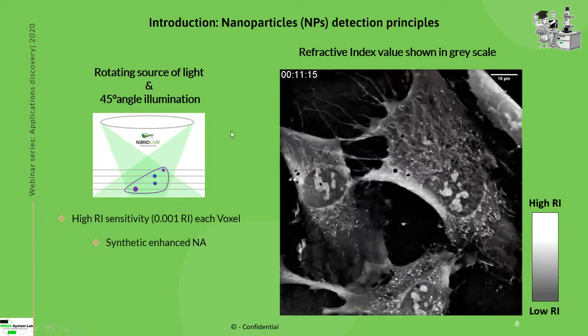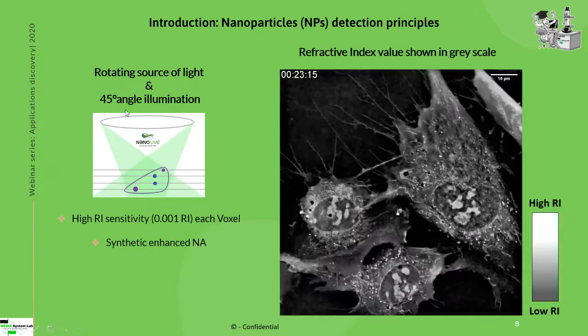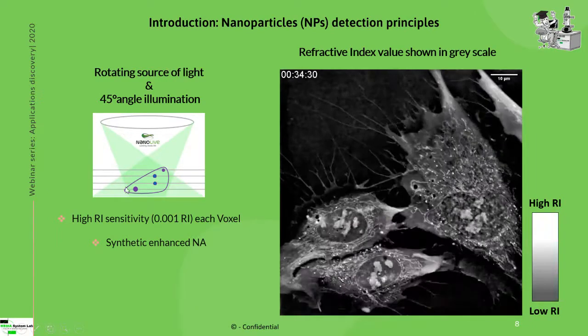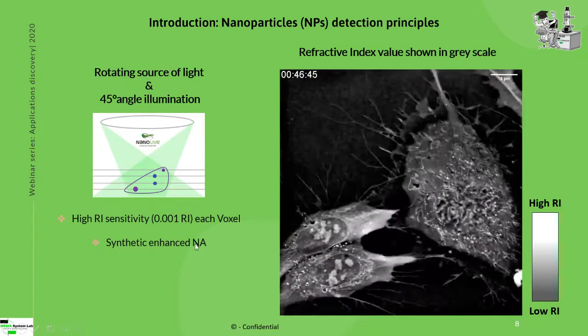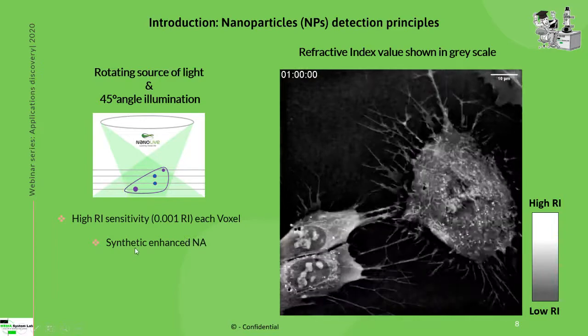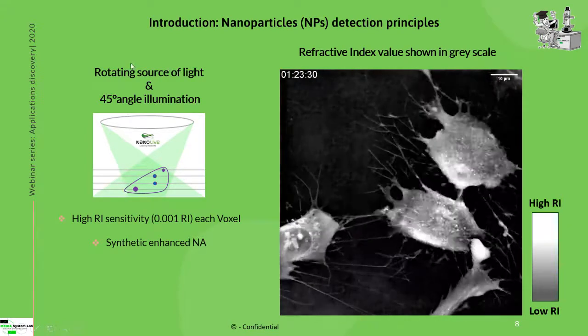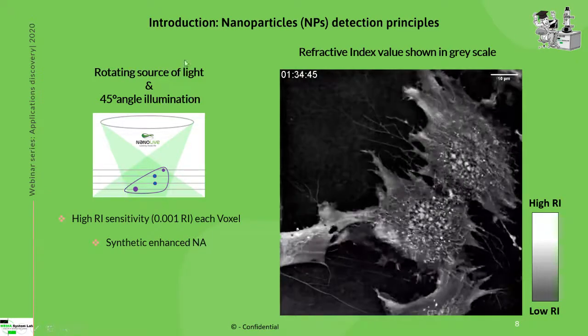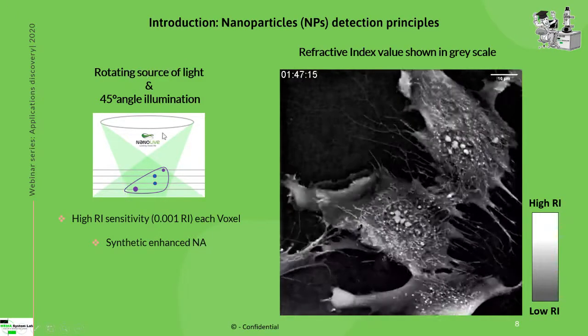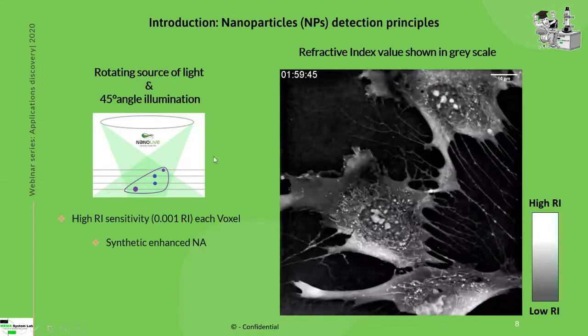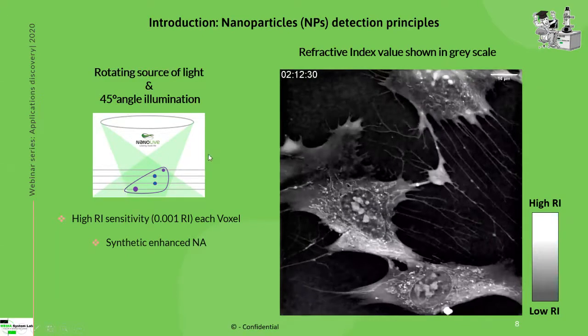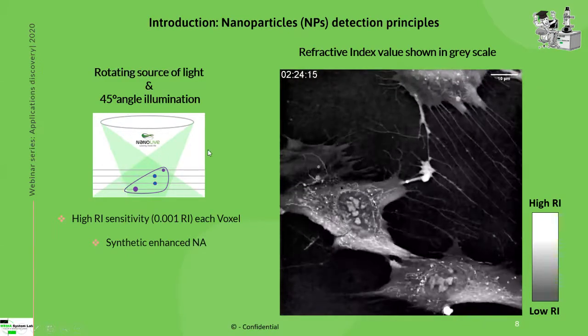On the other side, this fundamental feature allows you to expand what is called the numerical aperture in a synthetic way. It expands it by 2 times, and expanding the numerical aperture gives you the possibility to collect frequencies that otherwise would be lost.